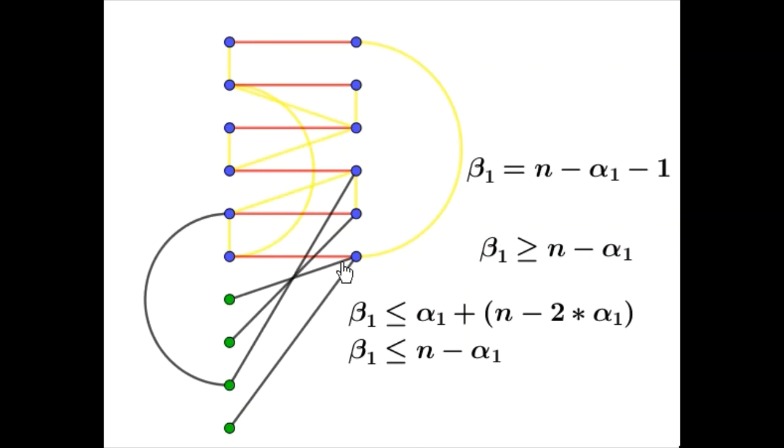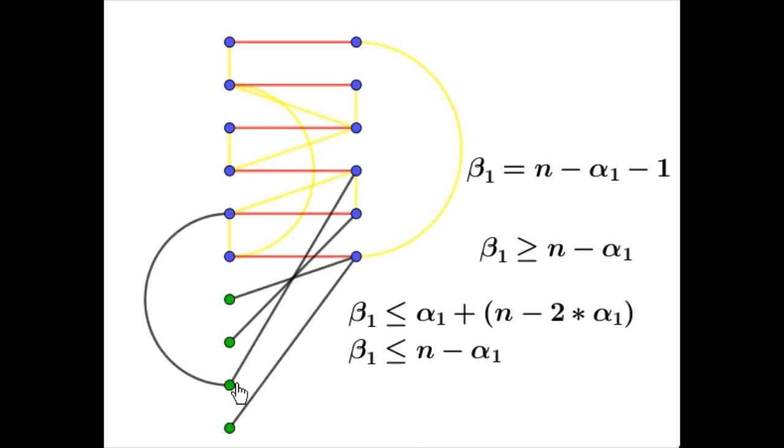So let's say I am removing these two black edges, okay, and I am going to add this one edge, but this is not possible, because if I want to add this edge, then that will be a contradiction, because anyway these red edges correspond to a maximum matching, which is nothing but alpha 1. So this type of thing is not possible by removing two edges and adding one, because if we do that, then we would be able to establish this, but it's not permissible because this is already a maximum matching, right?